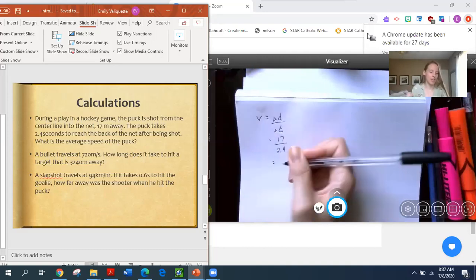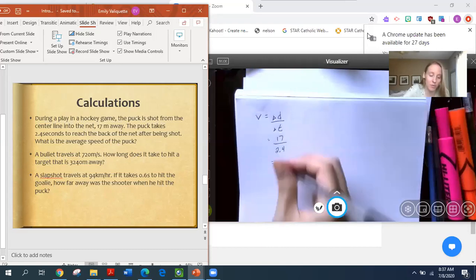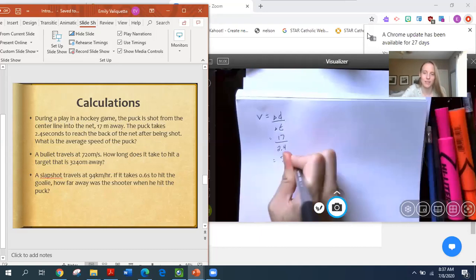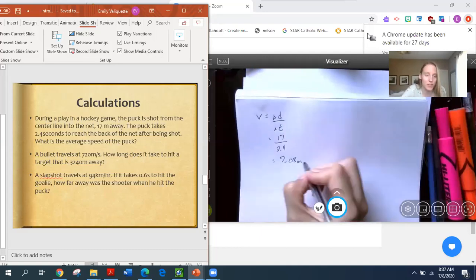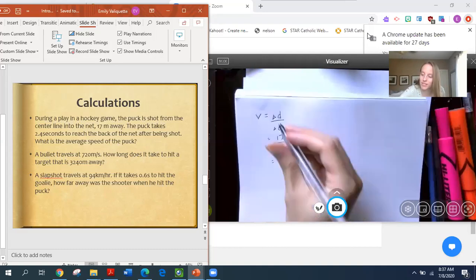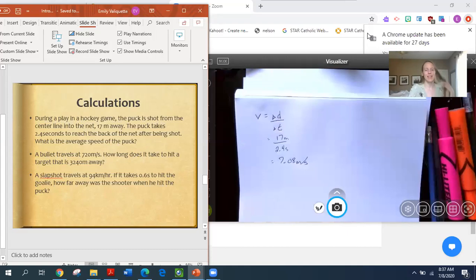So we would just divide those. 17 divided by 2.4 is 7.08. And this is measured in meters per second because the 17 was in meters and the 2.4 was in seconds. Okay, so try the next two on your own. Just pause for a second and try them and then come back and get the answer.